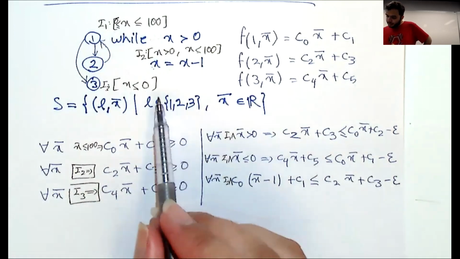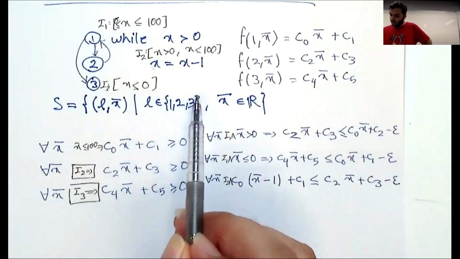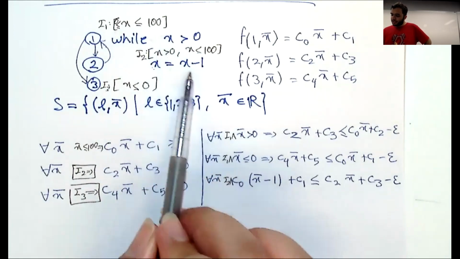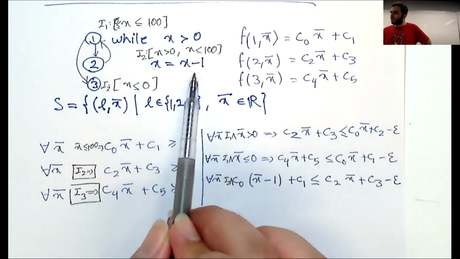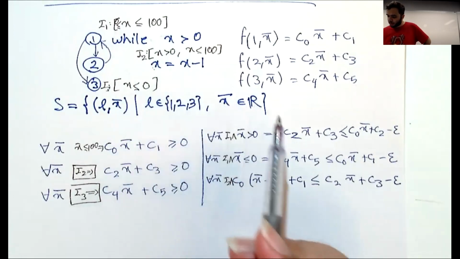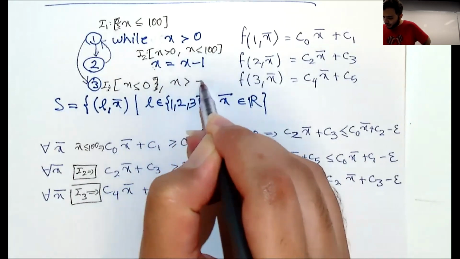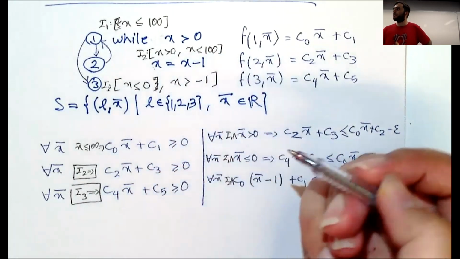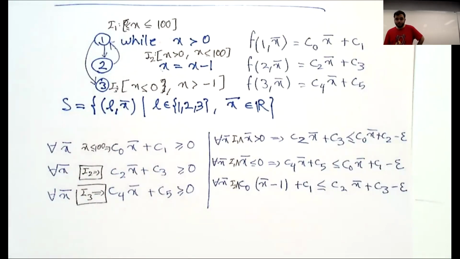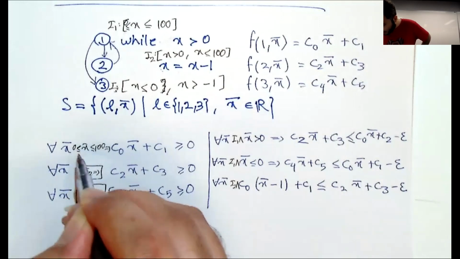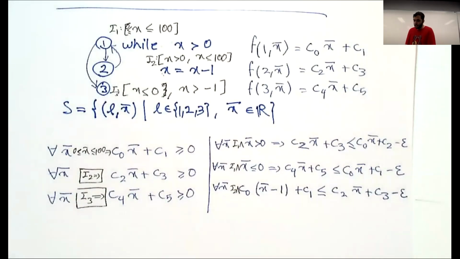So I know that x is greater than -1, right? Because even if x is 0.1 here, then I will get one deduction here and come back. So here I can say x is less than 0 and x is greater than -1. Okay. Now with these invariants, and basically putting this here, do I have an answer finally?